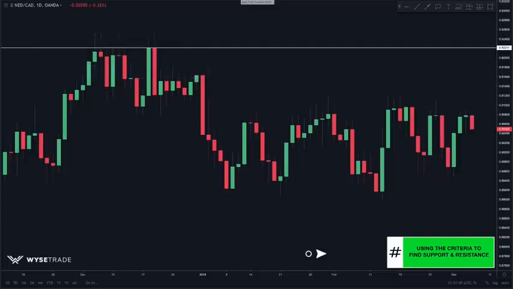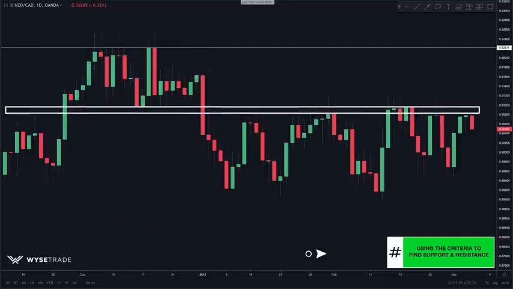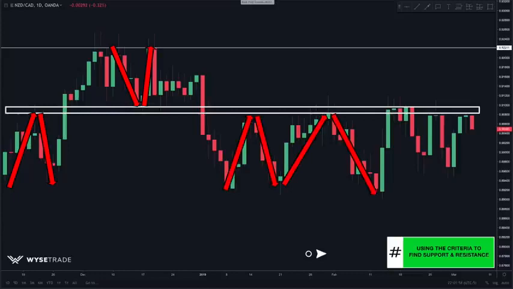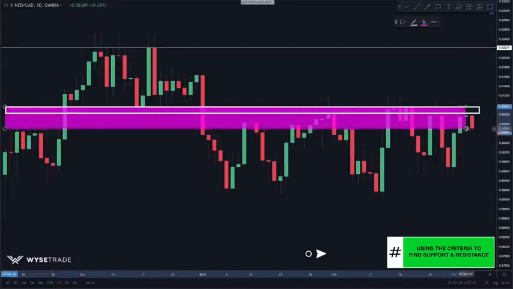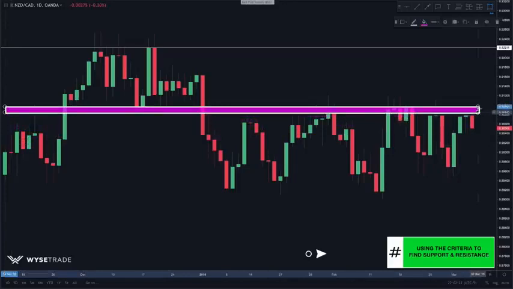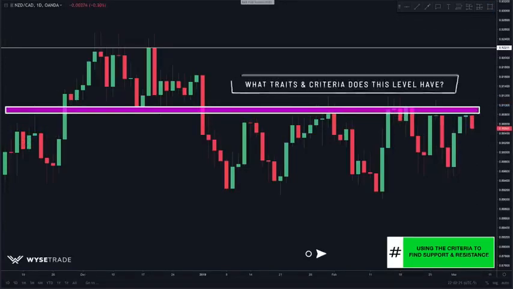So, moving on down. Now the next level we spot is this level here, with 6 rejections. Rejection 1, Rejection 2, Rejection 3, Rejection 4, Rejection 5, and Rejection 6. So again, what traits and criteria does this level have that makes it a good level? 1.